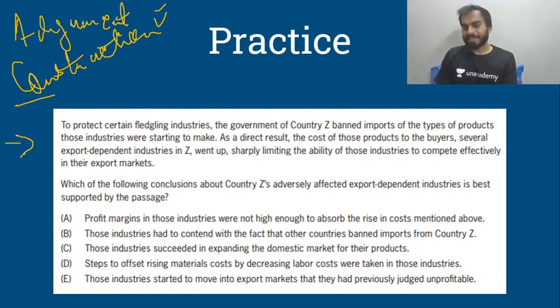As a direct result, the cost of those products to the buyers, several export dependent industries in Z, went up, sharply limiting the ability of those industries to compete effectively in their export markets.